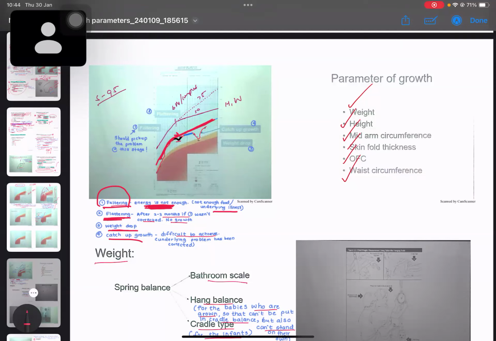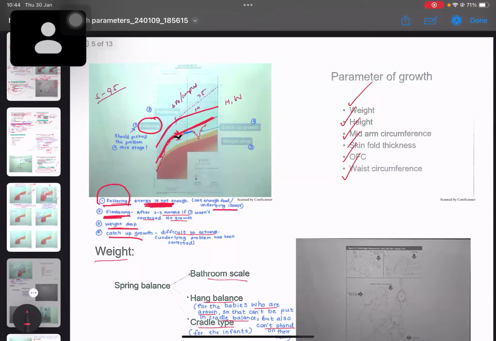Next one is flattening. Flattening means, here, this maroon color graph. After 2 to 3 months, if the faltering is not corrected and there is still no growth, this is called flattening. It means flat.